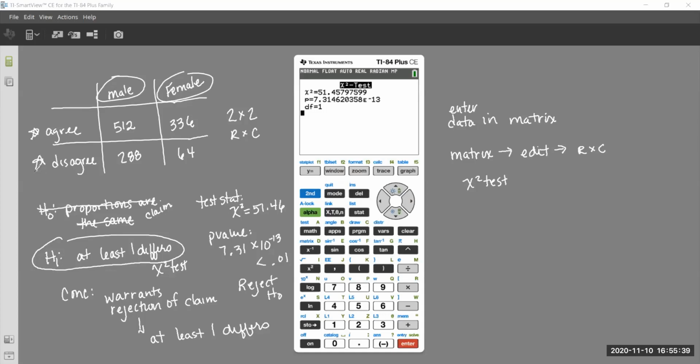Now, there's a question on this one. It says, does it appear that the gender of the interviewer affected the responses of the women? Well, we just said the proportions weren't the same. So did they affect the responses? Yes. The gender of the interviewer affected the responses.